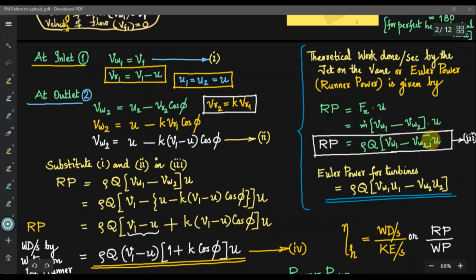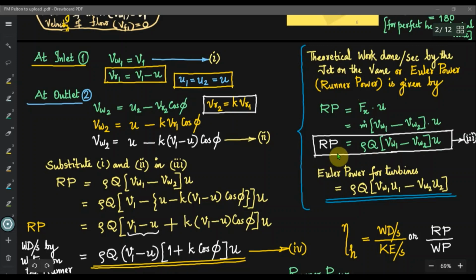Remember, Vw1 and Vw2 are the whirl components of velocities. In our previous lectures, I have already told you these whirl components of velocities are responsible for the torque generation and consequently the power generation. So mass flow rate multiplied by (Vw1 minus Vw2), that is Fx, then that multiplied by u. Here there is no question of u1 and u2 because both are same.